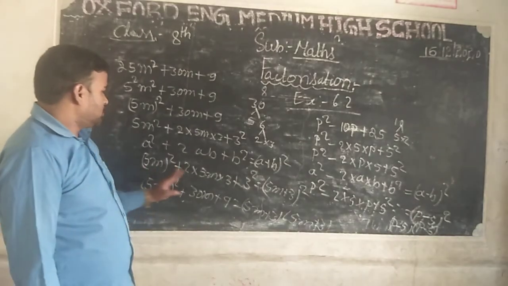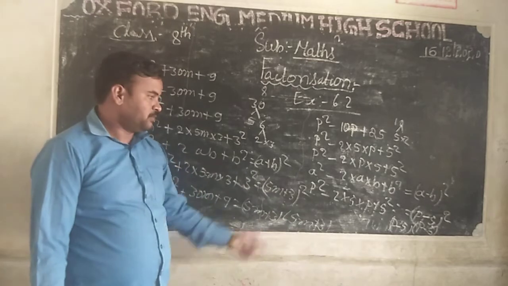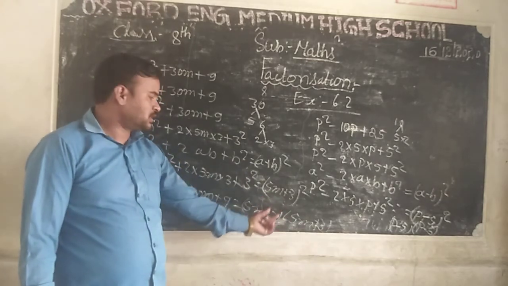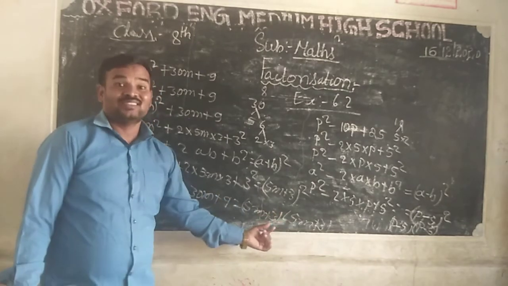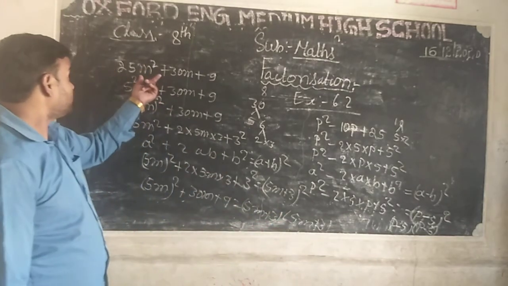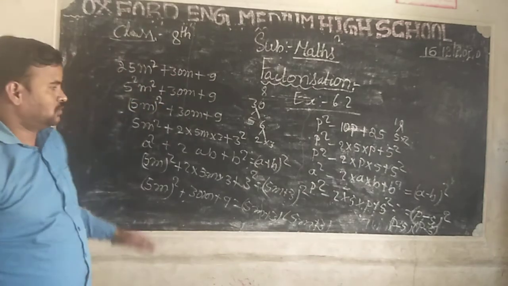So it is equal to 5m plus 3 whole square. Means it is twice of (5m plus 3), so you write 5m plus 3 and 5m plus 3. These are the two factors of 25m square plus 30m plus 9.